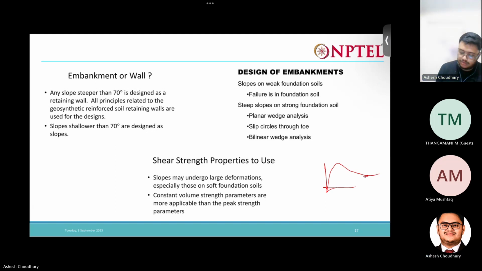From the deviatoric stress versus axial strain curve, whatever phi and c you get, that is what you use. And for soils situated on strong foundation soils, or slopes that will undergo less deformation, we use the peak values.